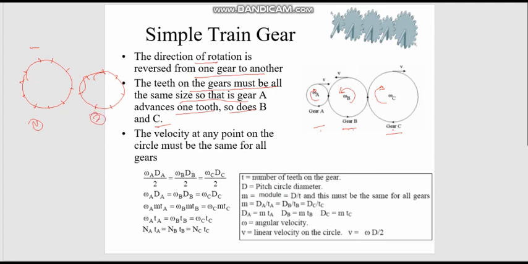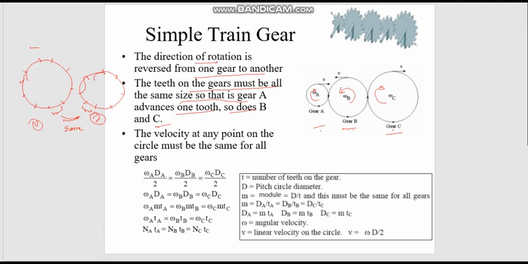So the spacing here, this section, and the spacing of the other gear, this section, must be the same.